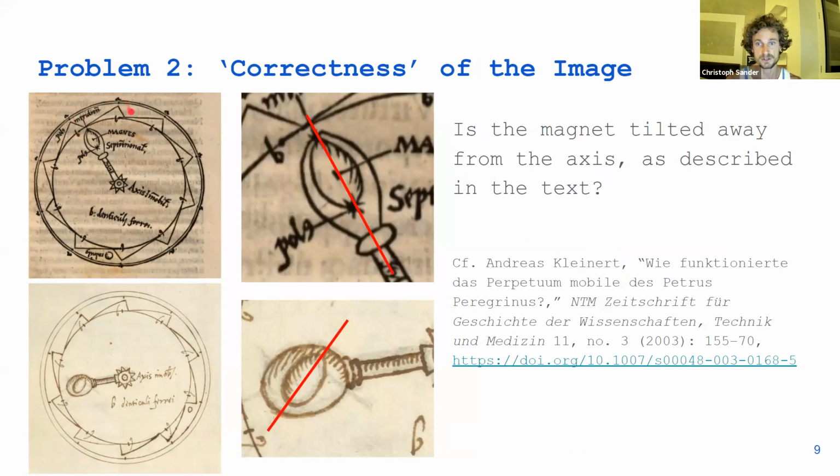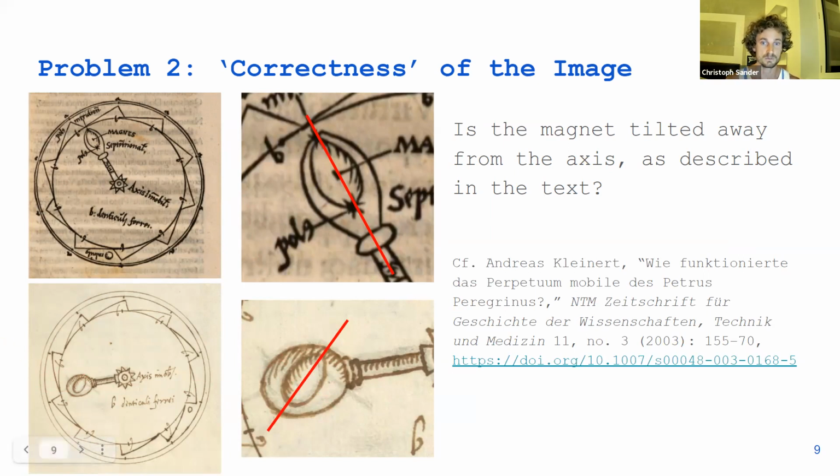The image as shown is incorrect, not in concordance with what the text describes. I won't explain the technical details, but this magnet here actually needs to be tilted away from the axis. Here it aligns with the axis, but actually it should be tilted away, like in this image, another image of the same device. So he made a choice that is also arguably doubtful, as it does not really match with the text.